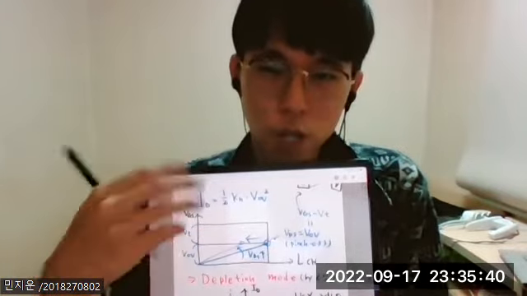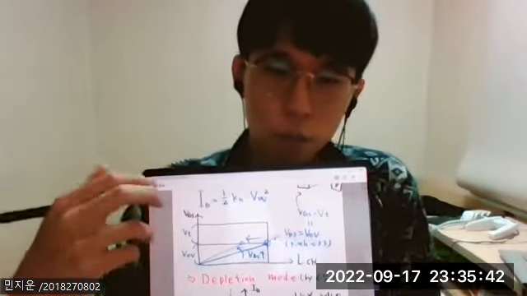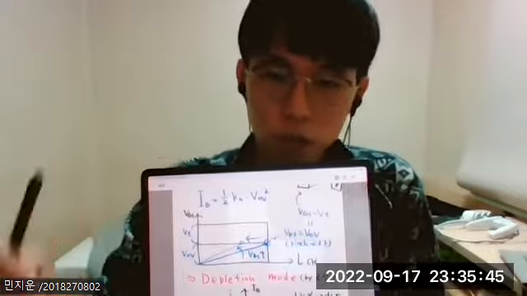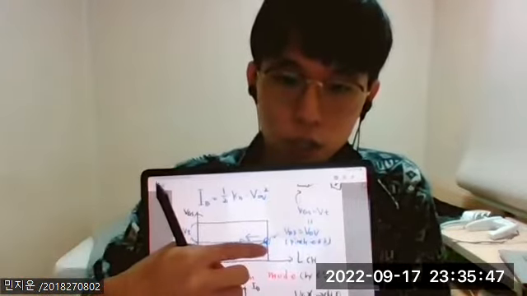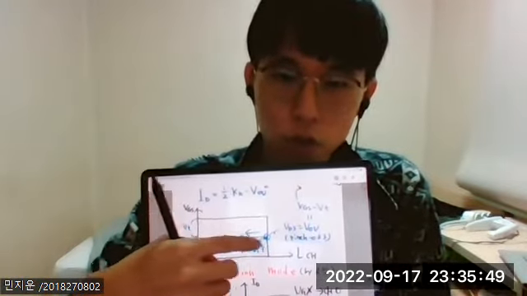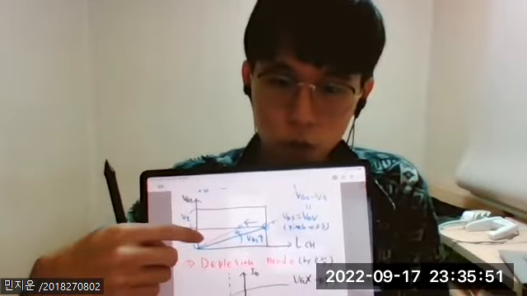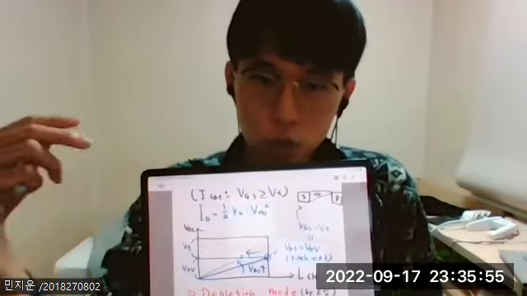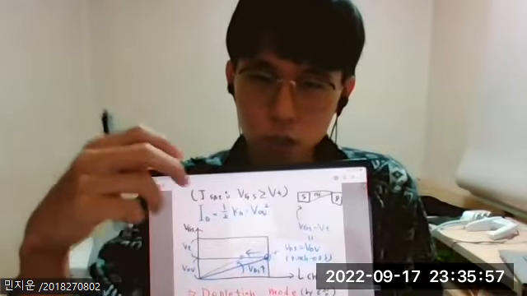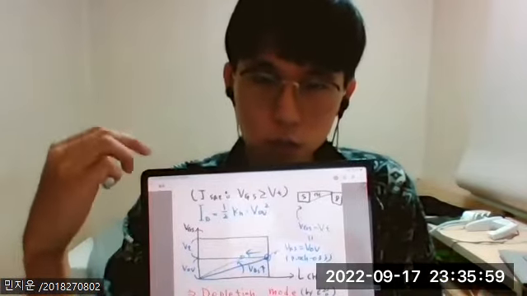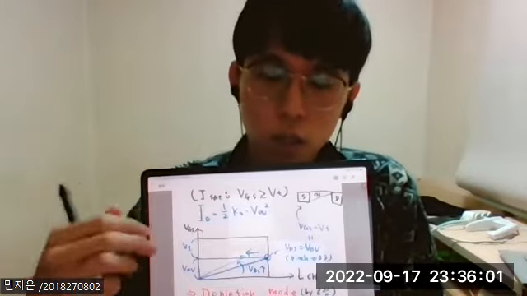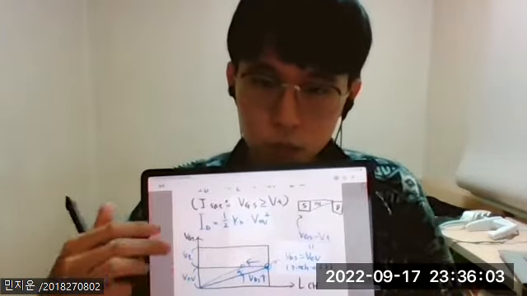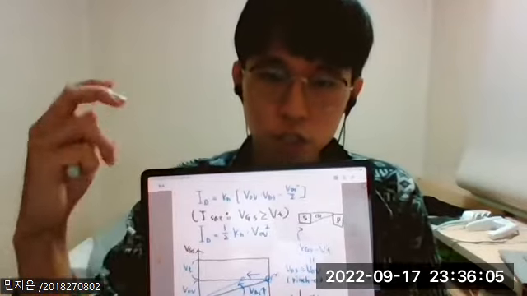So when you apply the drain voltage larger and larger, the channel length gets smaller. So the electron can't pass through the channel easily. So the current is saturated.